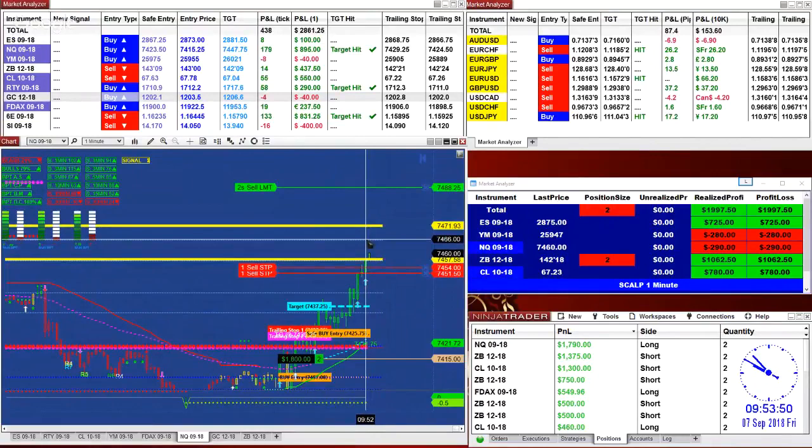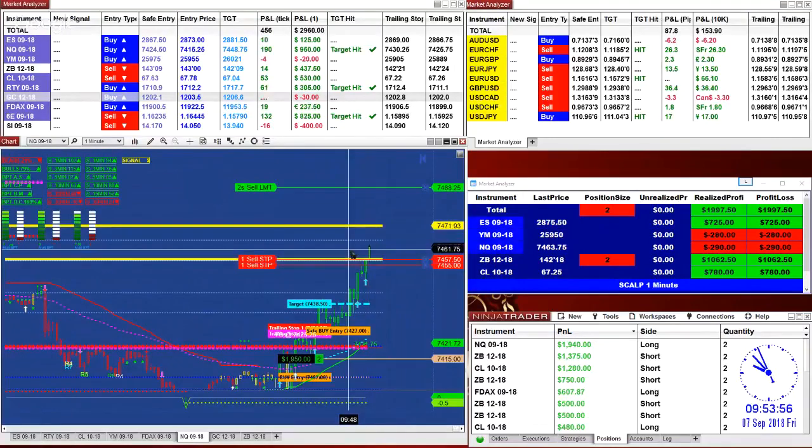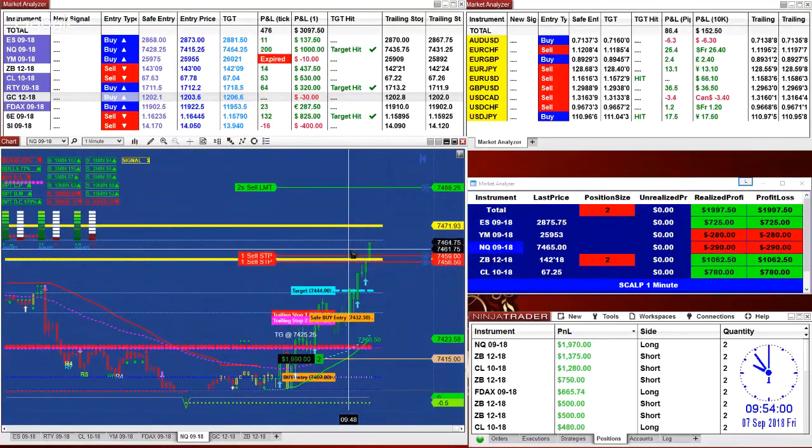This is the entry. You should not be taking long trades anymore if you are a Nasdaq trader or an ES trader. Once we see there is a resistance here.